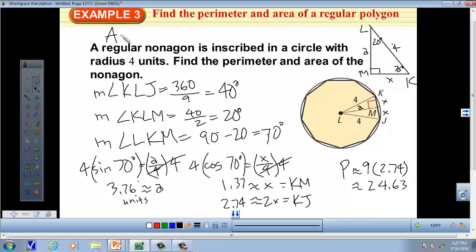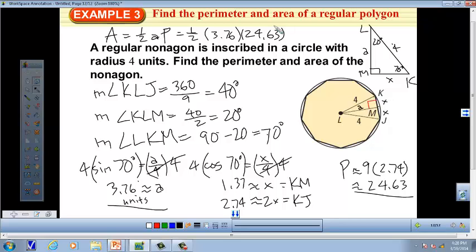To find the area, we're using 1/2 AP. We know what our A is. We know what our P is. Try to use as much of what's on your calculator as you can. So it's going to be 1/2, our A is 3.76, and our P is 24.63. I'm going to multiply the answer that's on my calculator by 0.5.